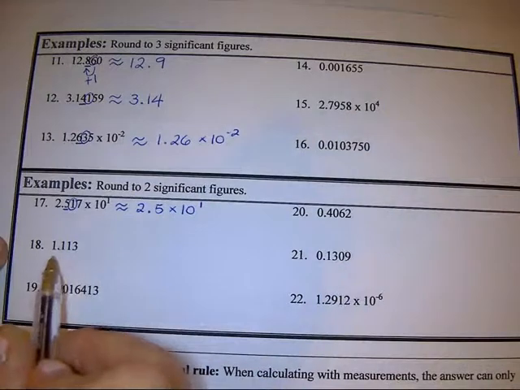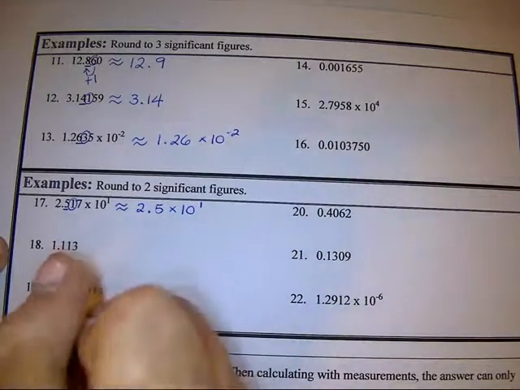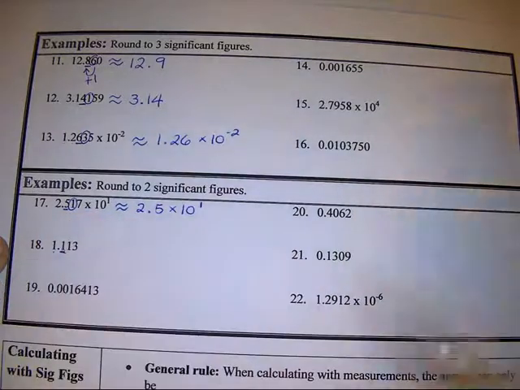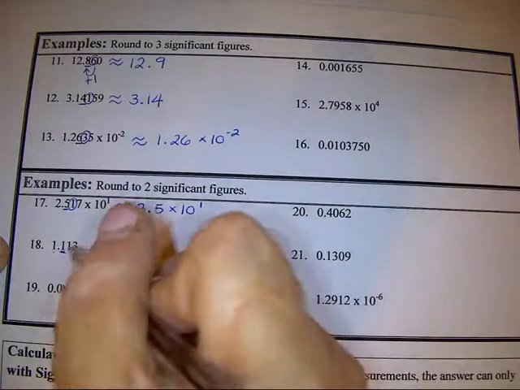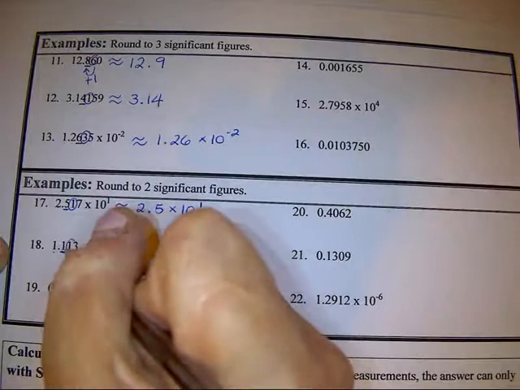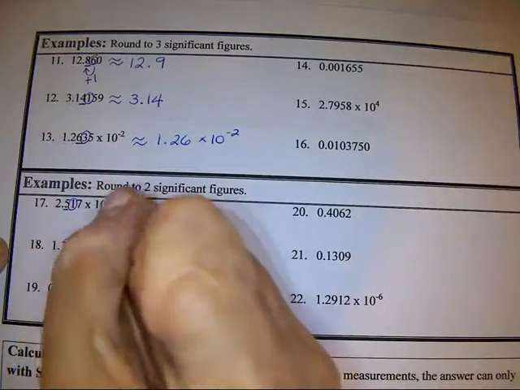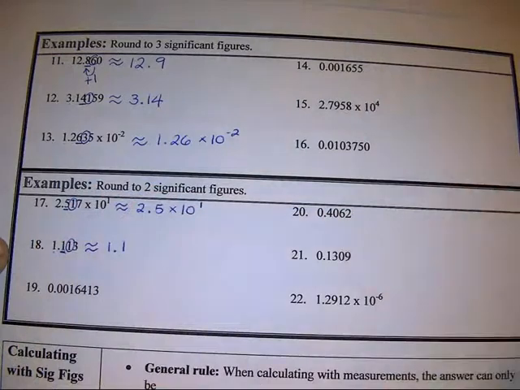Number 18, 1.113, 1, 2. This 1 is my last digit to keep, and the next number is a 1, so it tells me to round down. This will be 1.1.